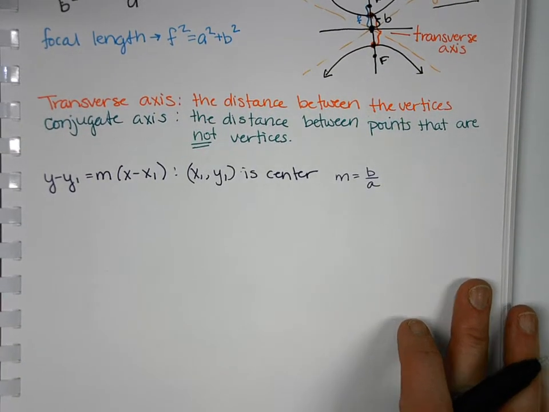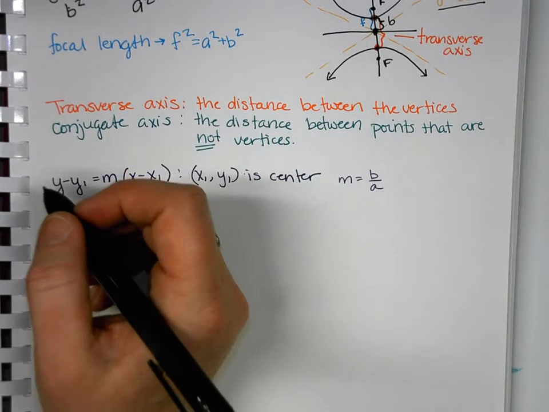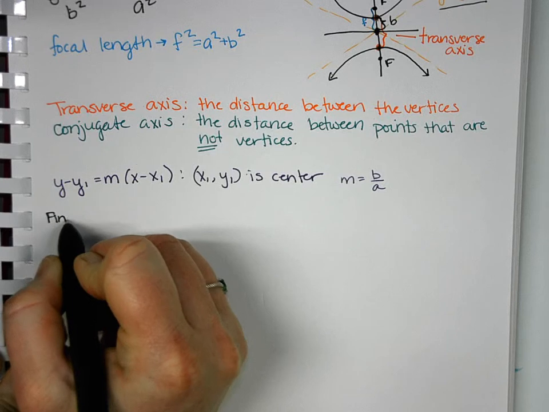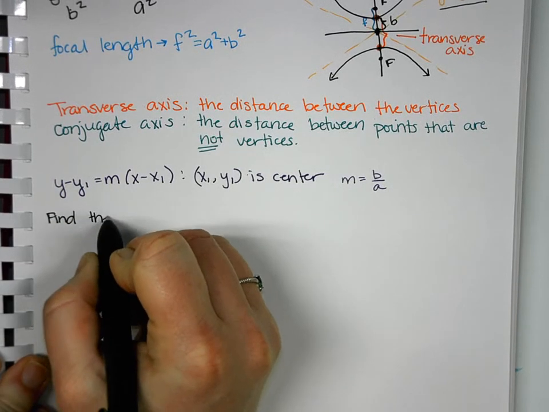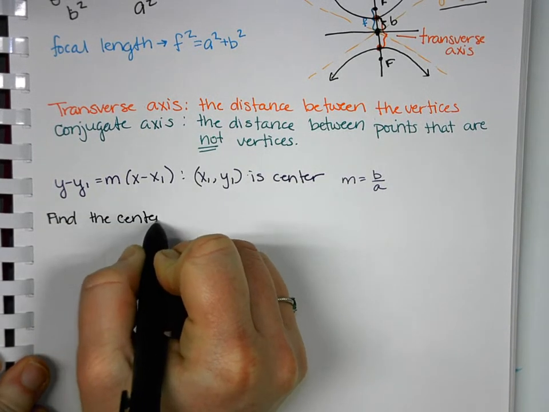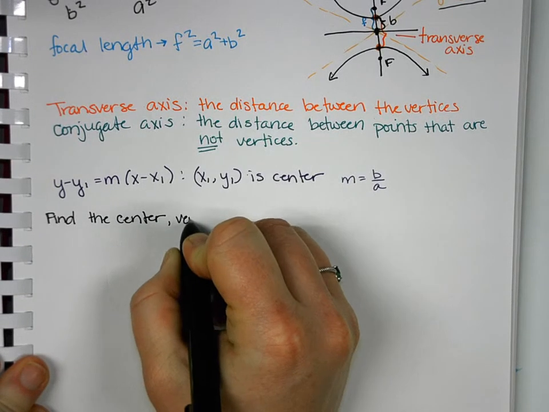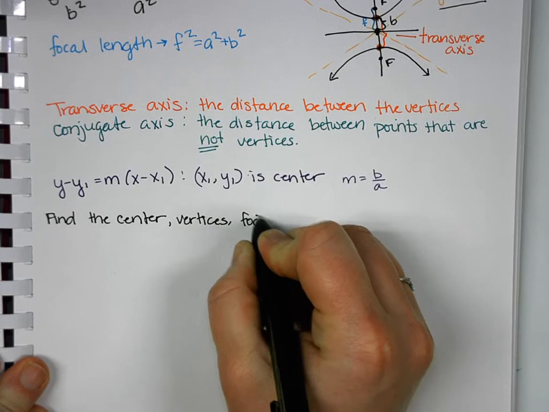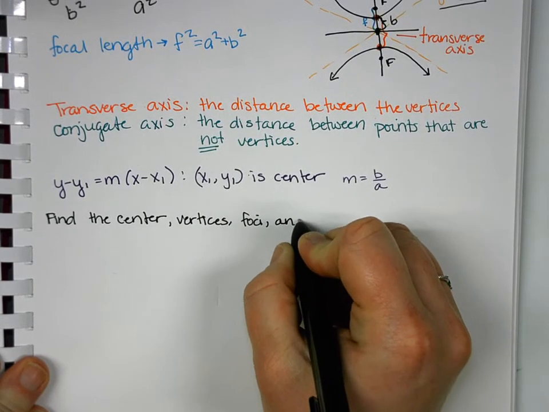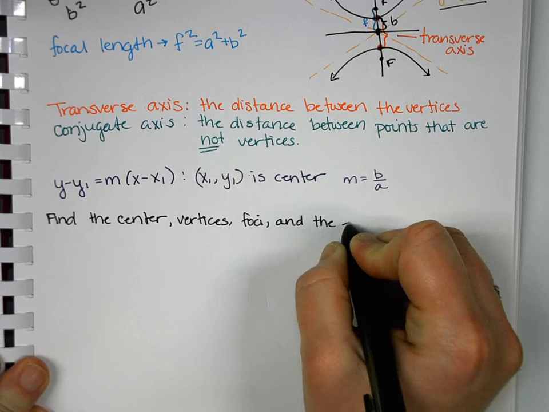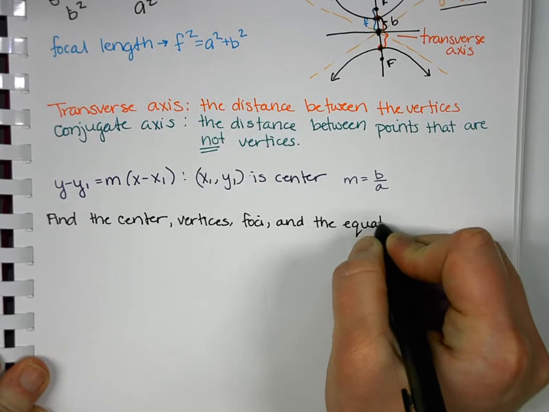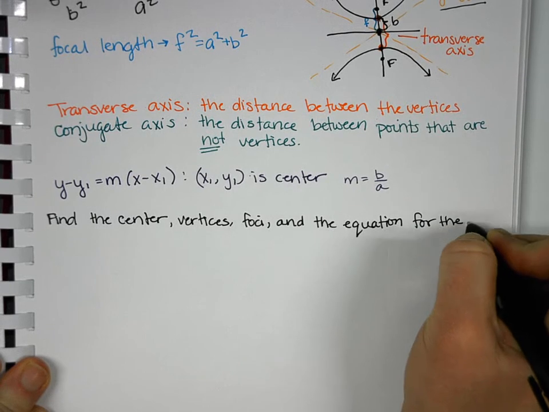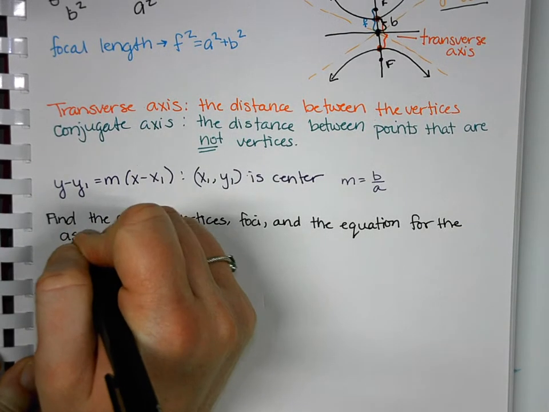So our one example we're going to do, we're going to find the center, the vertices, the foci, and the equation for the asymptotes. And I just realized something that I didn't mention.